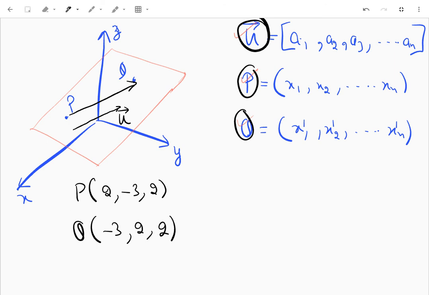And let's say our vector u is, let's take it anything, 2, 1, 2. Okay, let's say this is a vector, right? Or 2, 4, 2. Let's take 2, 4, 2. So now what do we do?